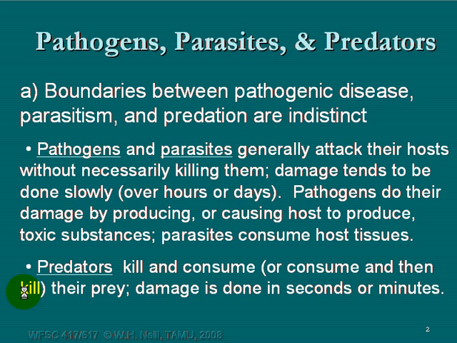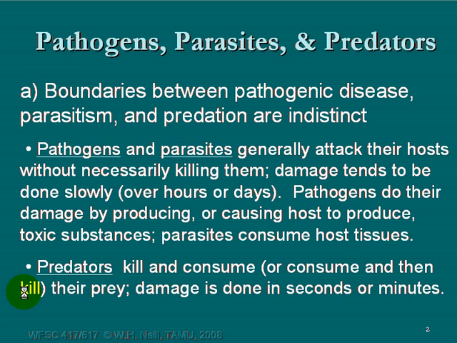The first thing to make clear is that, the way I see it, the boundaries are not distinct between or among those groups, between pathogenic disease and parasitism and predation.